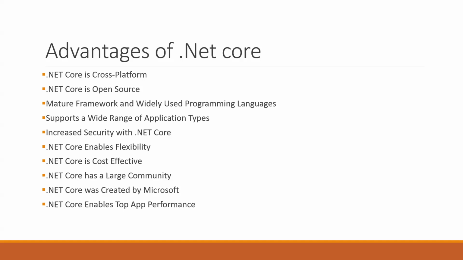.NET Core has a large community, as I discussed earlier. There are 30,000 people contributing to this open source, and more than 3,000 companies supporting .NET Core. When a framework is used by many developers and businesses, it means it must have something good to attract them.